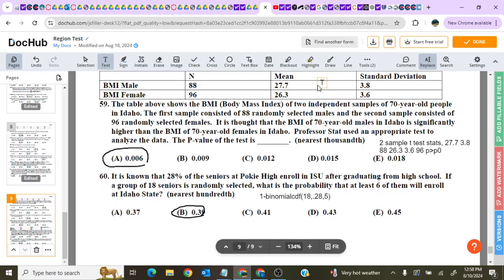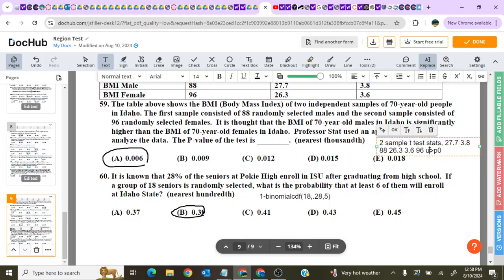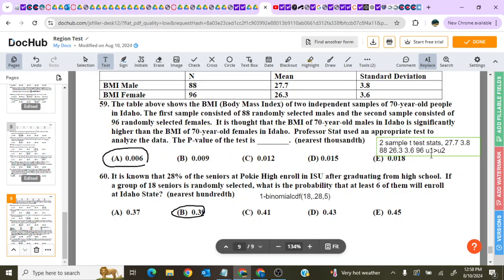So your x-bar1 is going to be your mean, and your Sx is going to be your standard deviation, and then your n is going to be, well, your n. Put that in for both data sets, and look for when mu1 is greater than mu2. Once you do that, you plug in all the data from here, you'll get a p-value of 0.006.